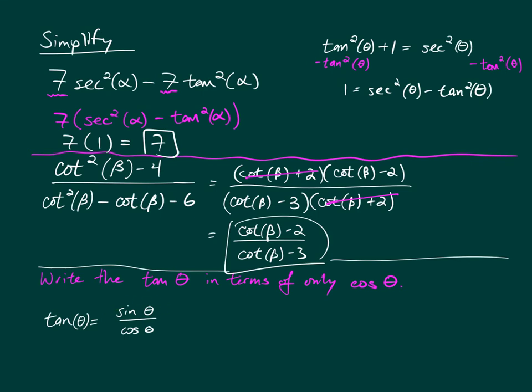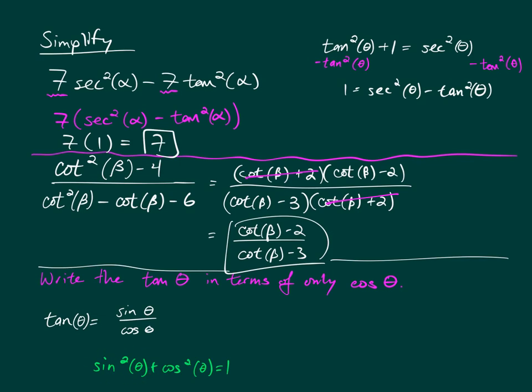And yes, it's the Pythagorean identity. That is, sine squared theta plus cosine squared theta equals 1. So now, in order to get sine squared in terms of cosine squared, we need to solve this equation for just sine of theta.